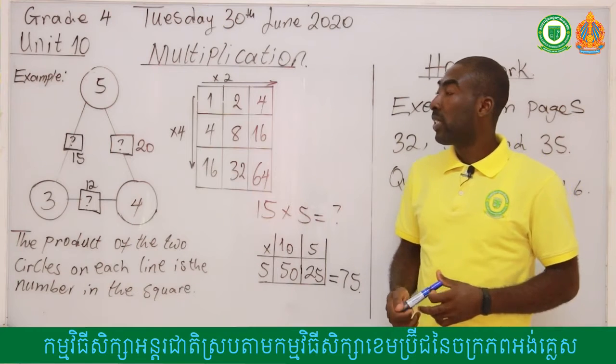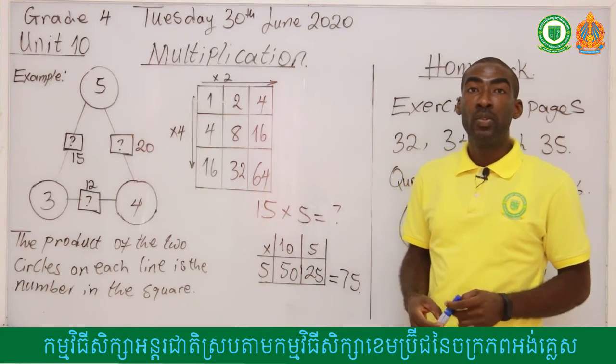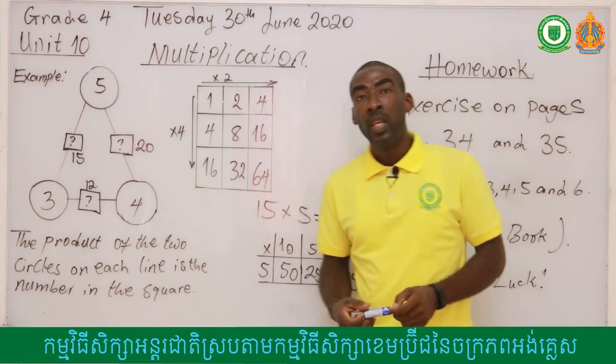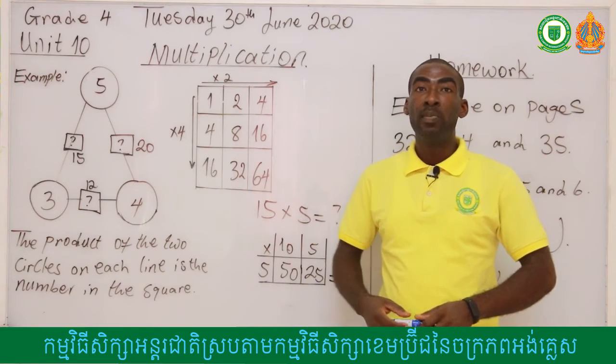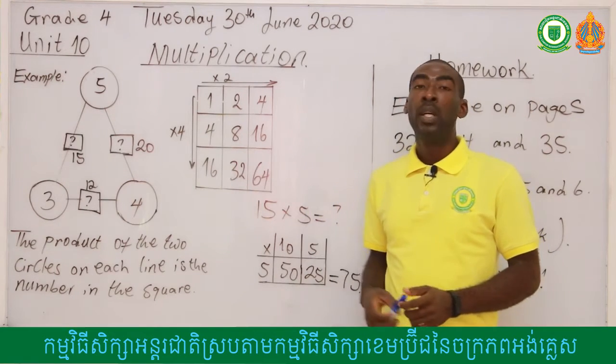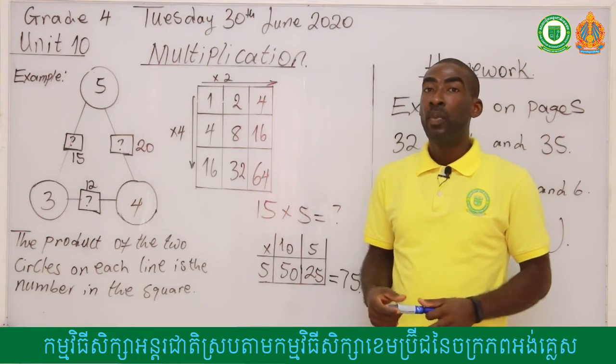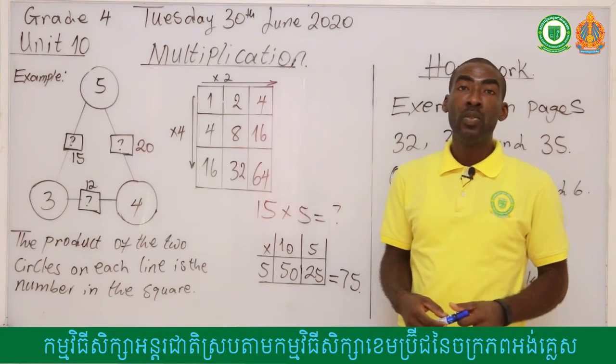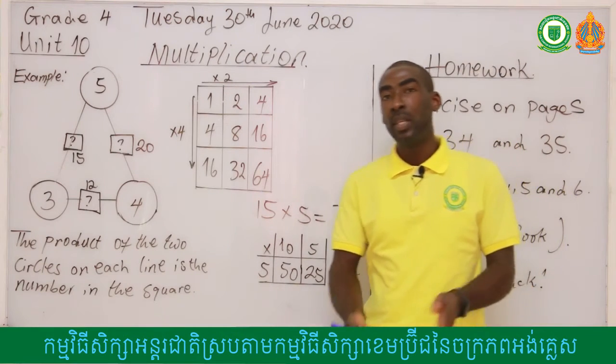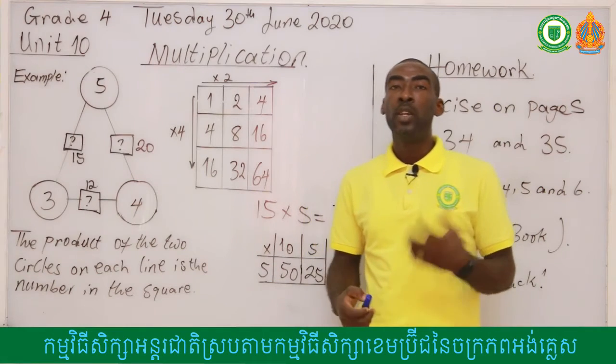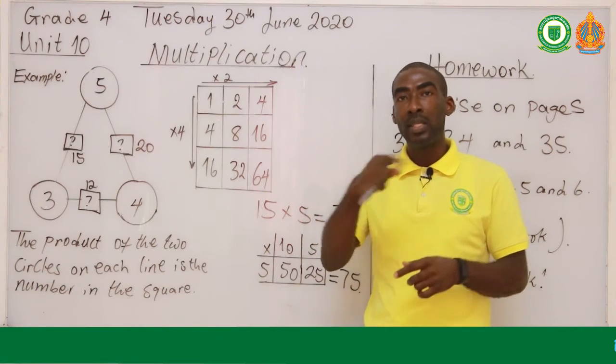In our sections, I try to take you through some of the questions that you might meet when you are dealing with multiplication, okay? So in multiplication, we always know that it is a number times a different number, and you see the multiplication sign as times.